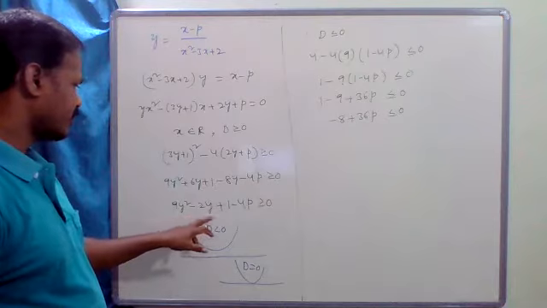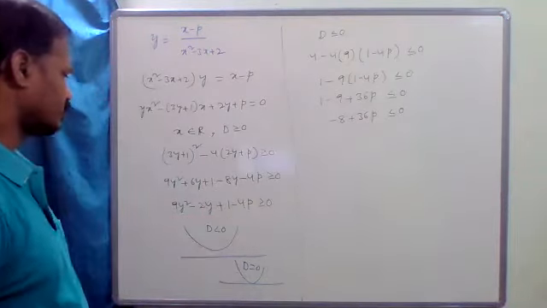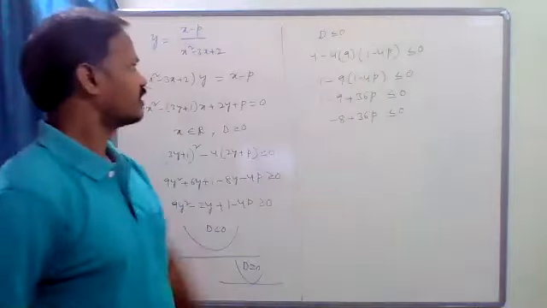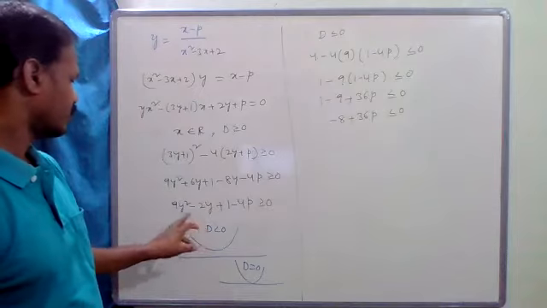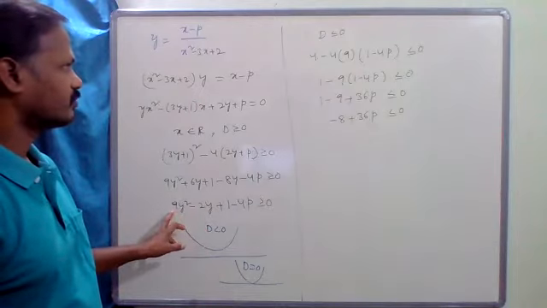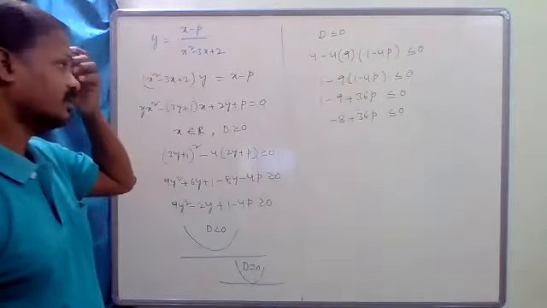So 9y square minus 2y plus 1 minus 4p is greater than or equal 0. So discriminant must be less than or equal 0. b square minus 4ac.